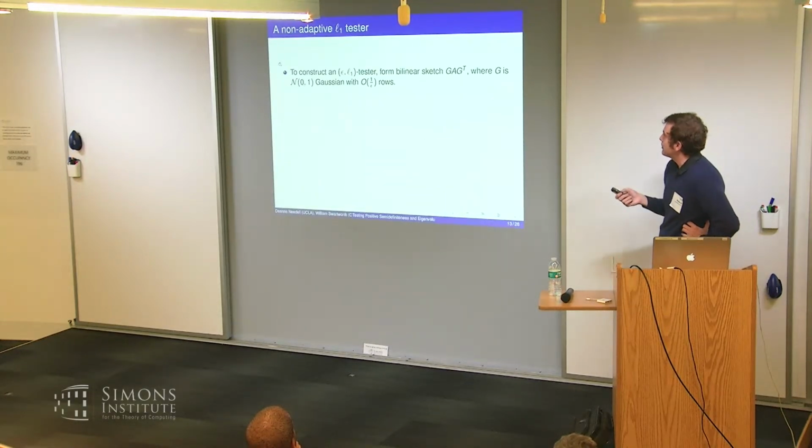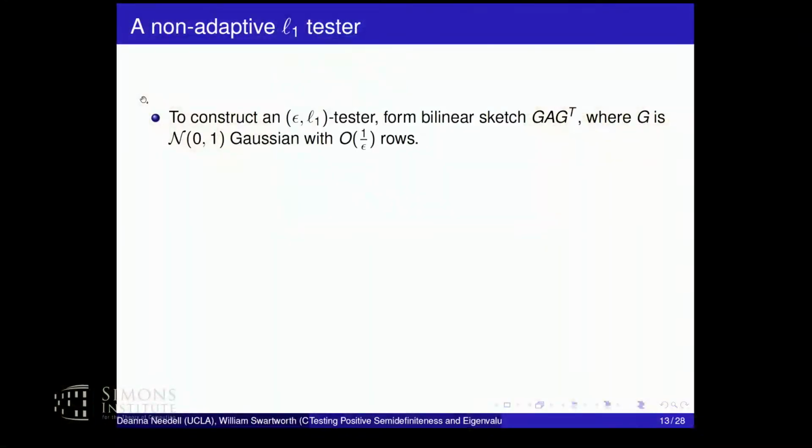Let me look now at bilinear sketches, so vector matrix vector queries. Let's again look at p equals 1. We want to test if we're PSD or far from this. A natural way of sketching is to compute GAG transpose, where G is a Gaussian matrix, with hopefully a small number of rows.